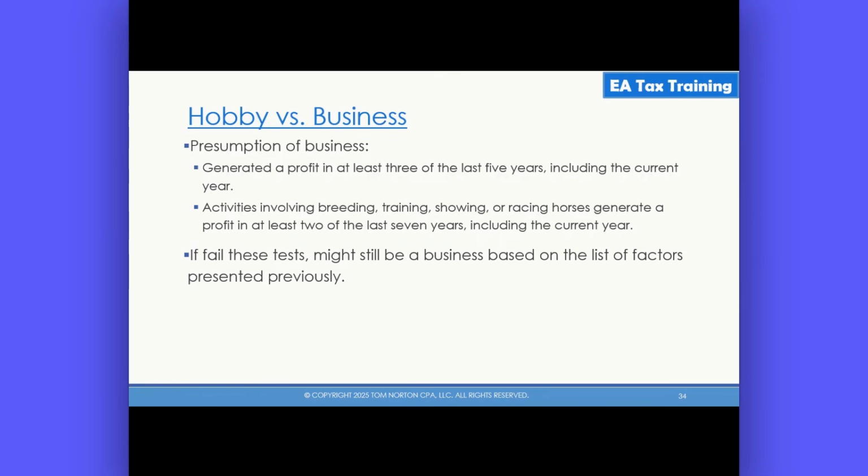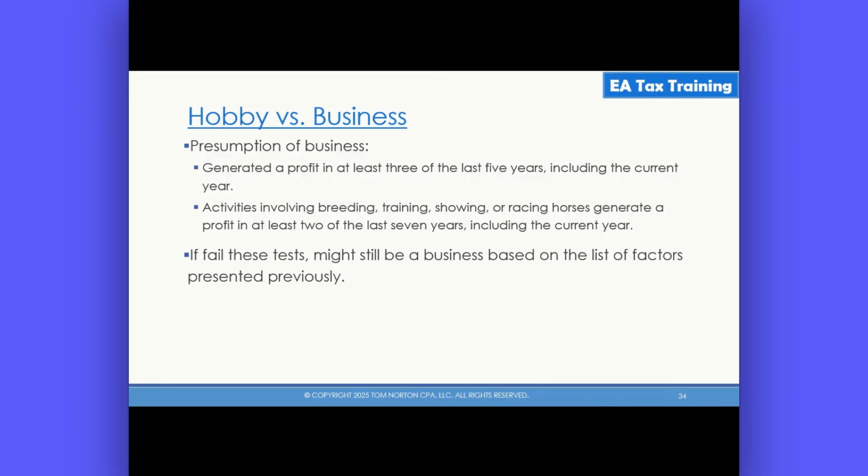If that activity is one that involves breeding, training, showing, or racing horses, then you just need to show a profit in at least 2 of the last 7 years, including the current year. So the IRS is acknowledging that it's more difficult to show a profit for an activity involving horses. So you just have to have a profit in 2 of the last 7 years, but it does have to include the current year in order to get this presumption that it is a business.